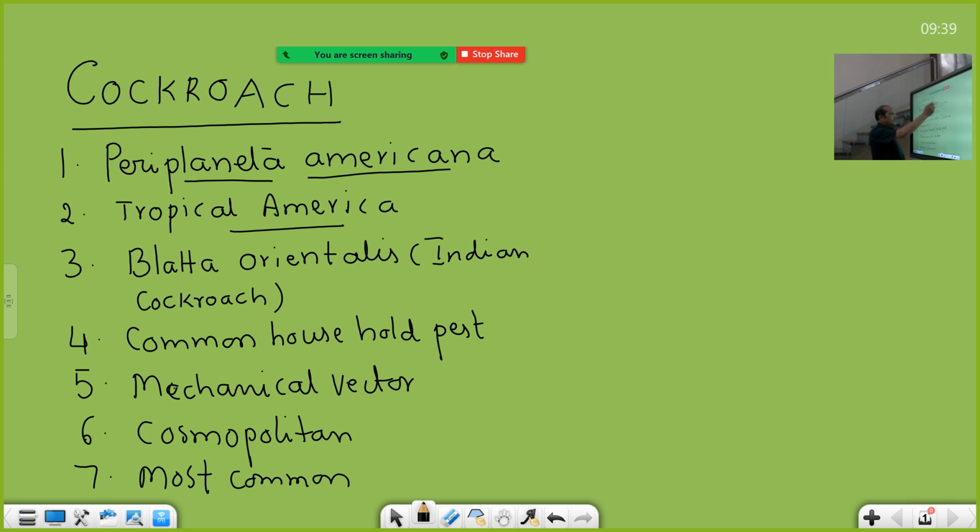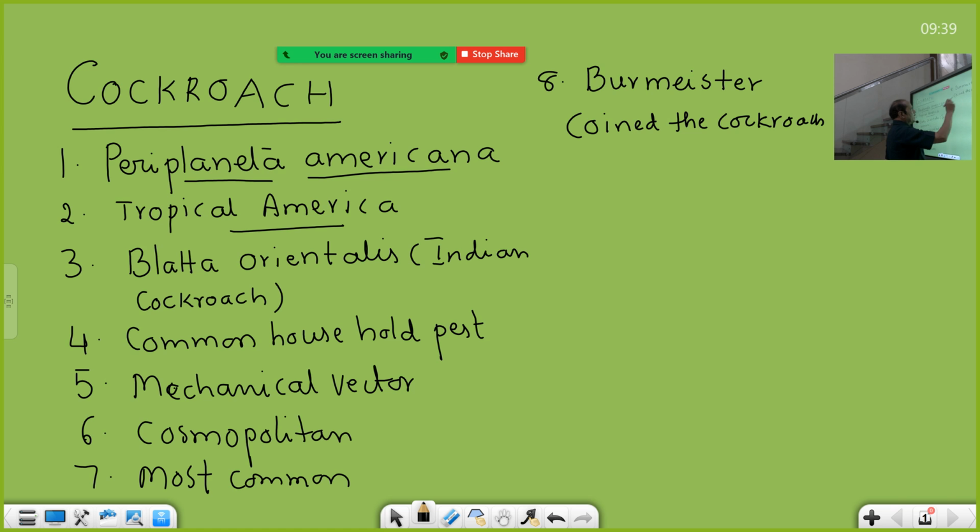The name Periplaneta was given by the scientist Burmeister. Burmeister coined the cockroach name Periplaneta.